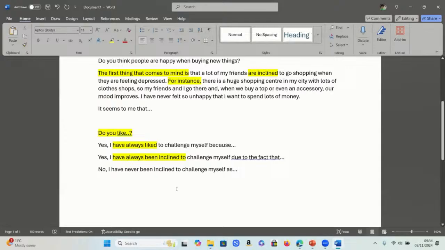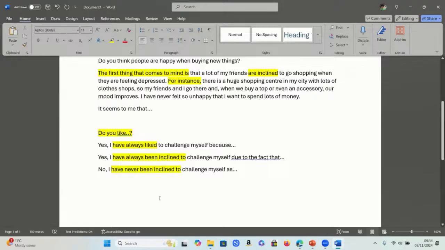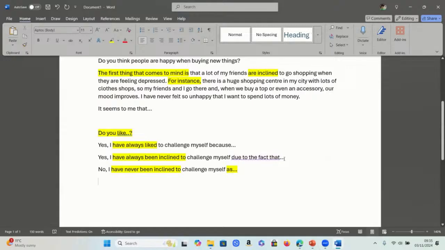And then it's a negative version of the second one there. Here you've got a very good one as well, because you've got present perfect. You've got inclined to instead of liked. You've put never, so you've done the negative, which can sometimes be a little challenging. And this time you've got as instead of, which is also showing variety in your vocabulary and joining words.